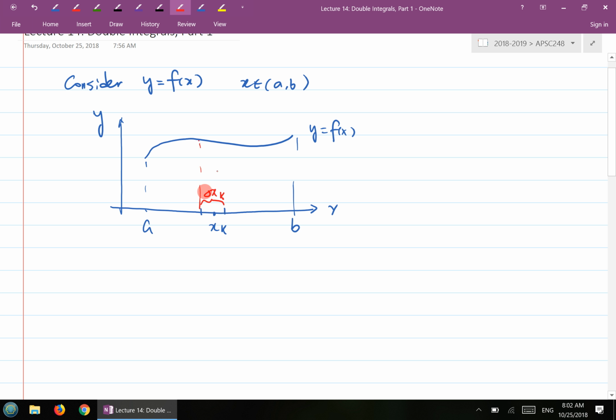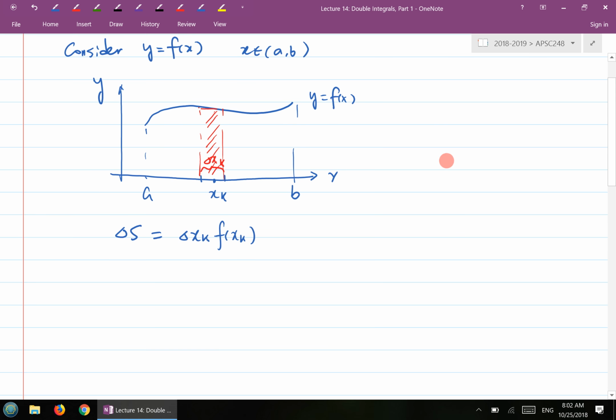Then we can construct a rectangle around that area. The small area associated with this location is the bottom length times the height, and for the height we can use the value of the function at x_k. That will give you this rectangular area with this approximation.